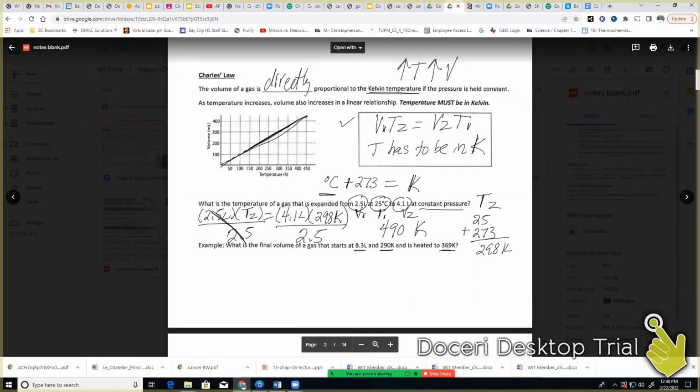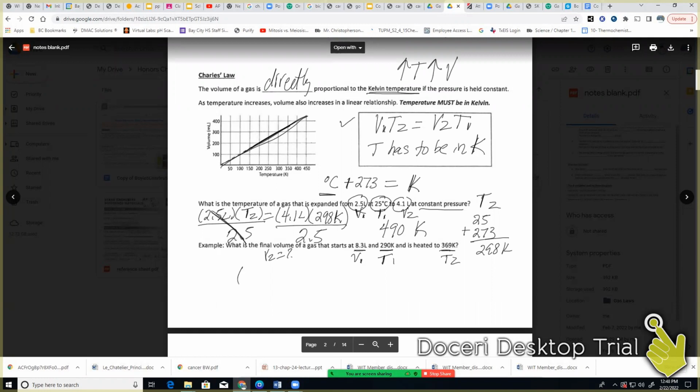All righty, we'll look at one more of these and then y'all can give it a couple of tries. So it says, what is the final volume of a gas? So right there, it tells me my V2 is my unknown. That starts at 8.3 liters, so there's my V1, and 290 K is T1, and is heated to 369. So that's my T2. My temperature went up. My temperatures are already in Kelvin, so that makes it even less work.